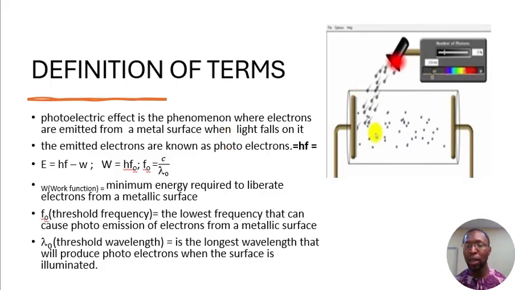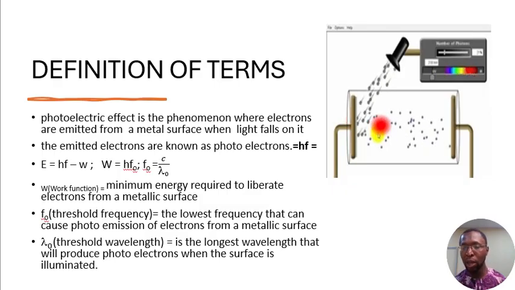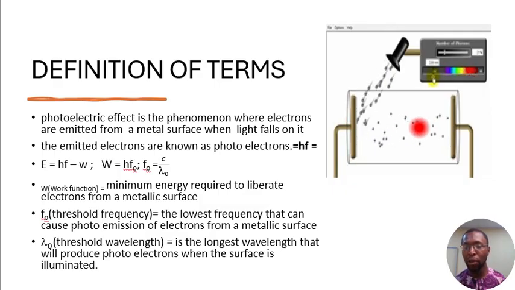You could see here that this is a ray of light falling on this metal surface, and as a result of that light falling on this metal surface, some electrons are emitted going in this direction. So these are the emitted electrons coming from the surface of the metal as a result of the light falling on the metal surface.